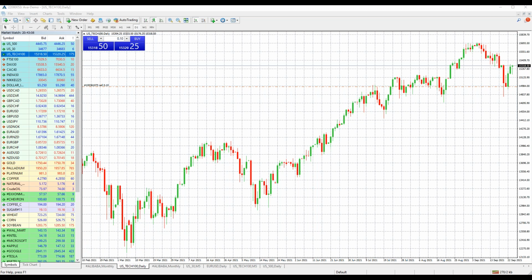Before we do that, I'd like to quickly remind everyone how important it is to be aware of upcoming events and announcements on the economic calendar, and it's good to do this at the beginning of the week. You can mark them, set reminders, write them on a piece of paper, or apply them to the instruments that you trade.